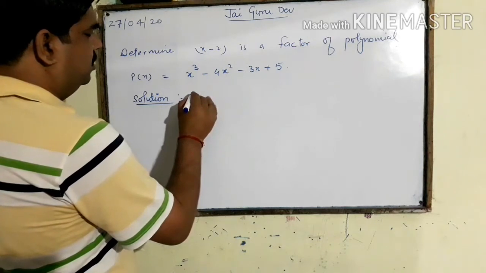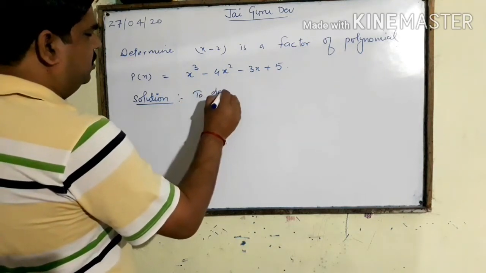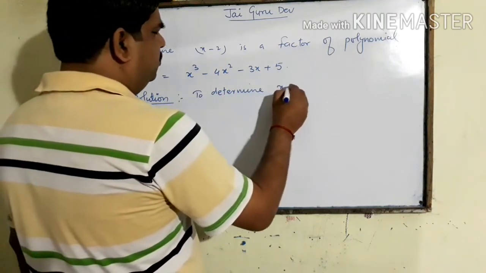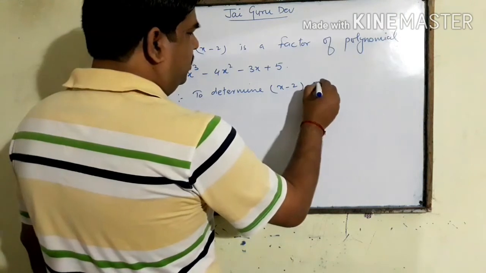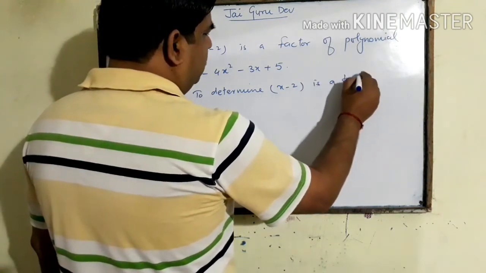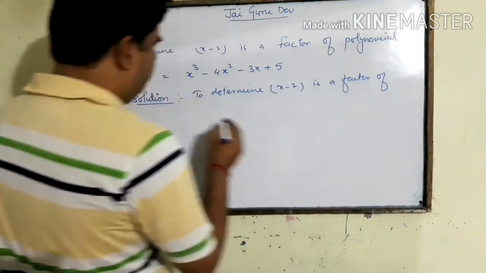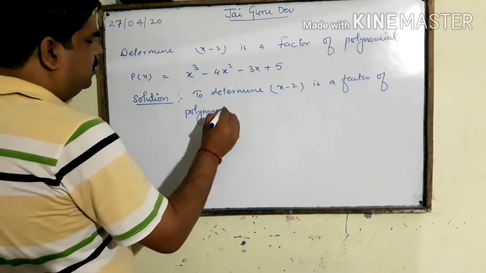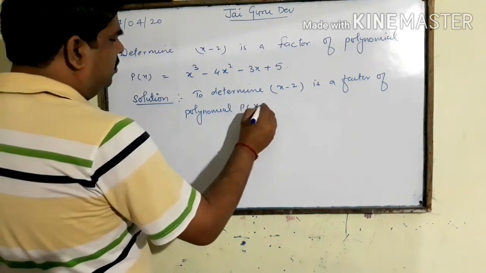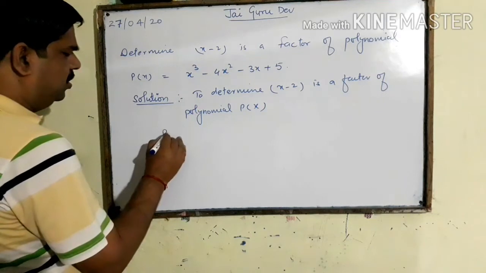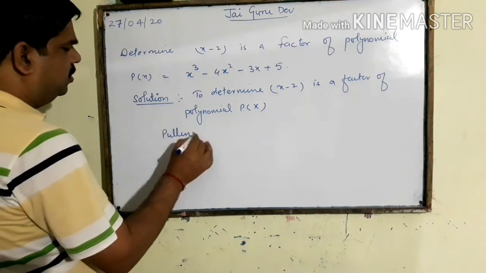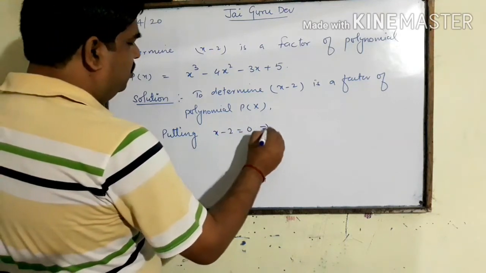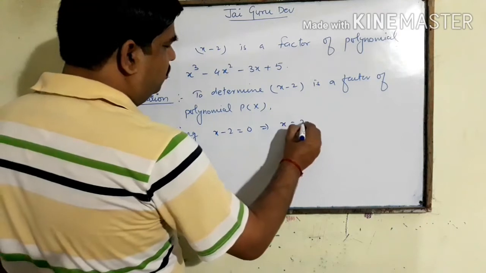Solution: here, to determine whether x minus 2 is a factor of polynomial p(x), putting x minus 2 equal to 0 gives x equal to 2.